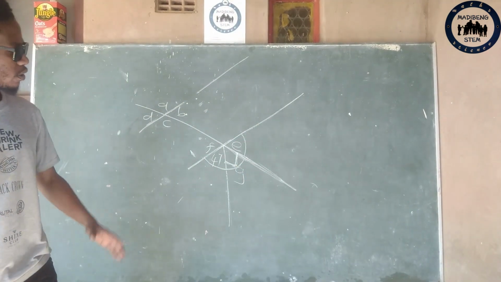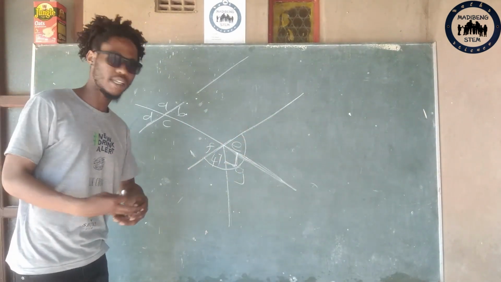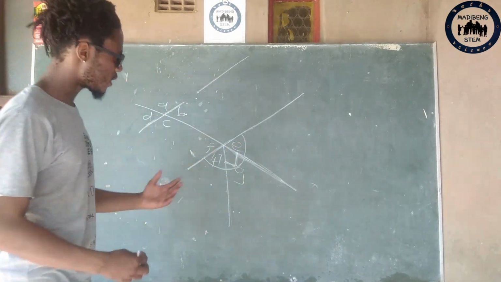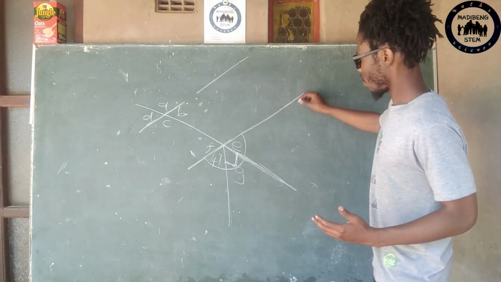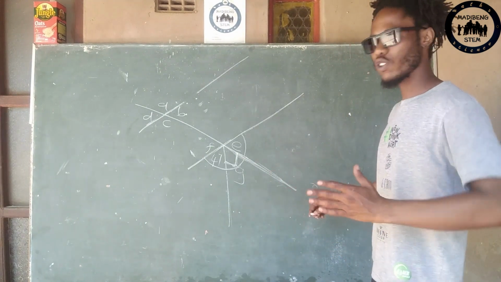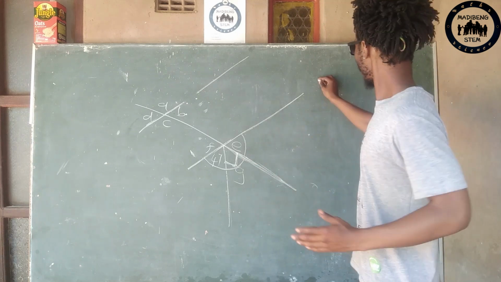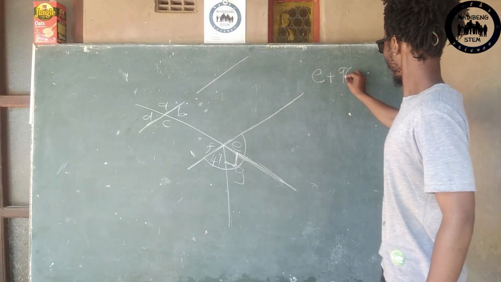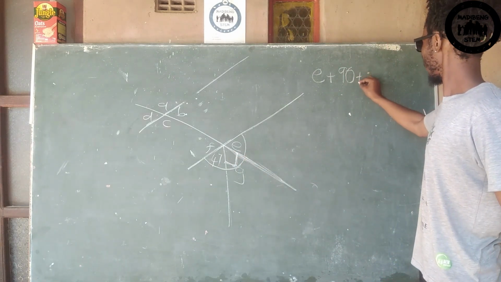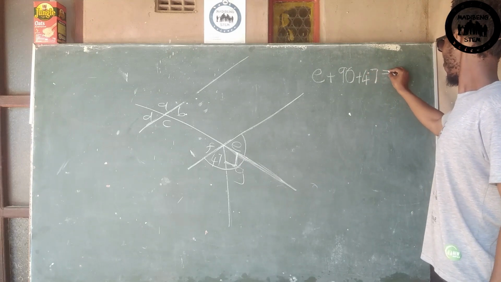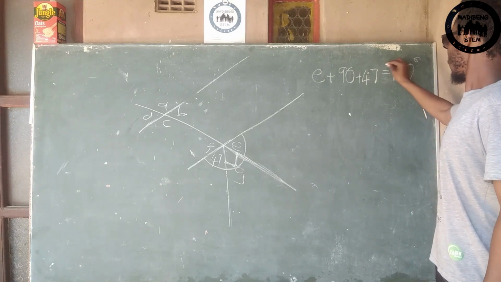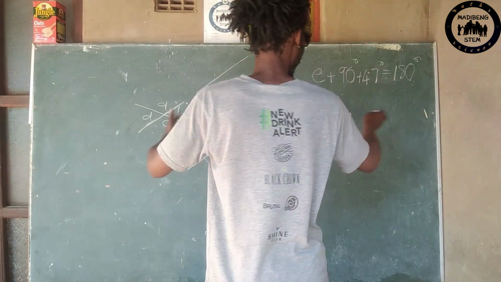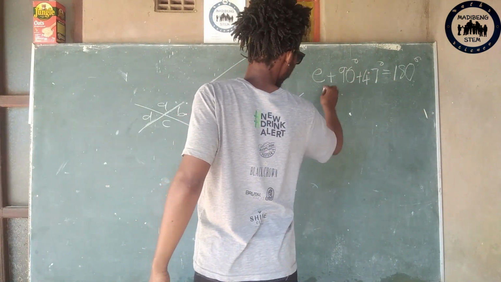And remember, the angles on a straight line add up to 180 degrees. So now we have 47 plus 90 plus E. So the sum of the angles on the straight line: E plus 90 plus 47 is equal to 180 degrees. So now we subtract this from this side.